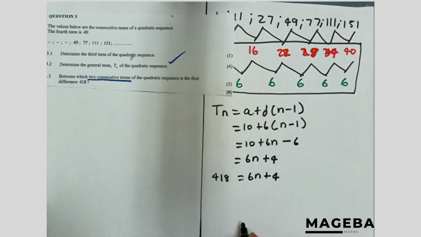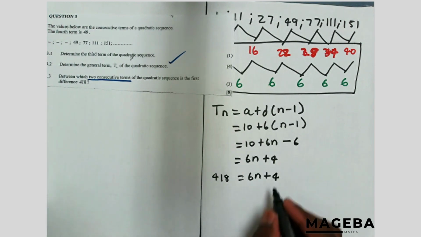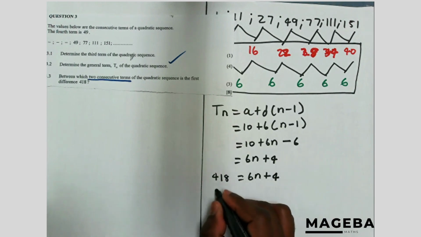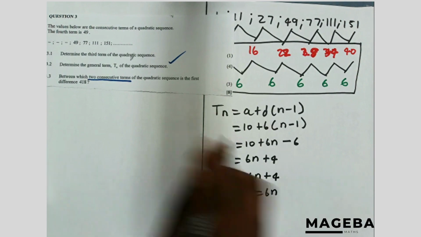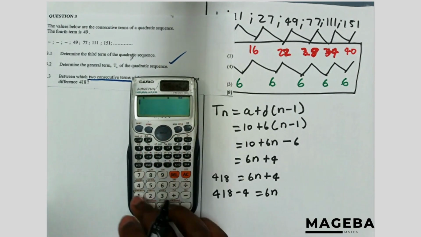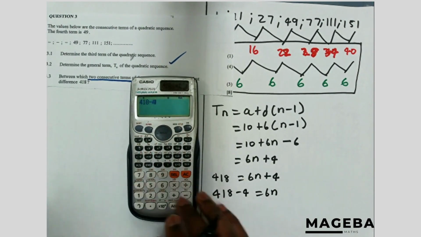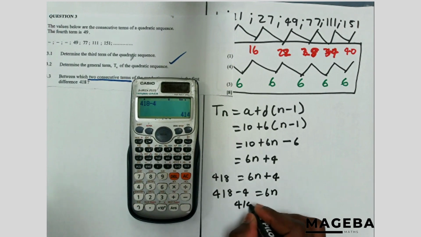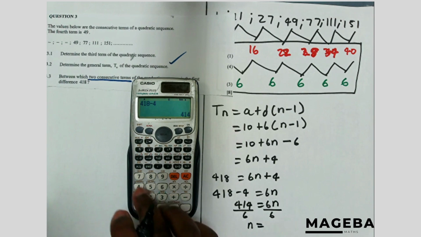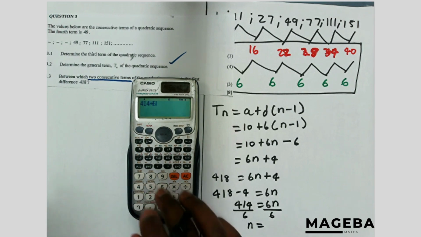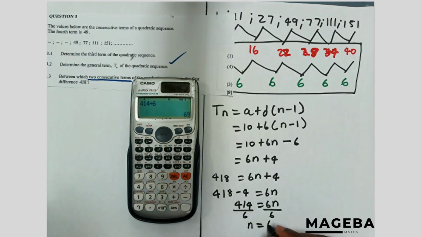We are looking for n, so we take the 4 to the other side: 418 minus 4, which is 414, equals 6n. Then we divide by 6, so n is 414 divided by 6, which is 69.